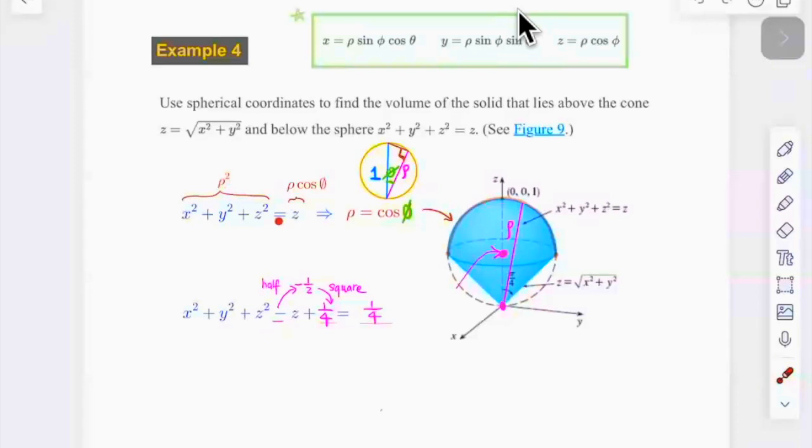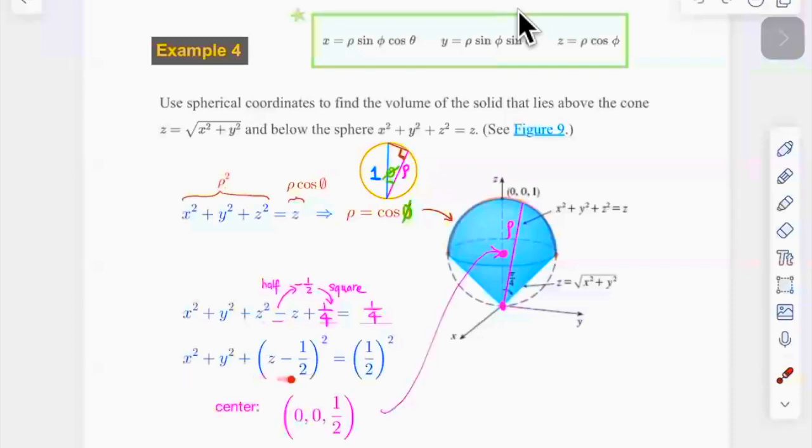Now, if we take this equation and move the z to this side, so subtract z on both sides, we can actually complete the square. Take the coefficient for z here and divide by 2, and then square and put it here. This term is going to become the perfect square of z minus 1/2, squared. 1/4 is the square of 1/2.